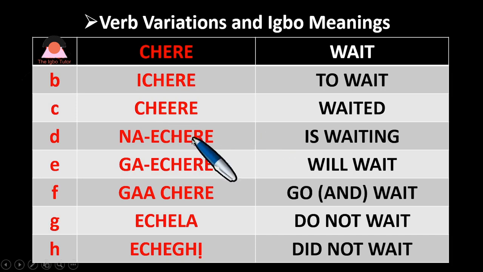Now is waiting is na echere. Will wait is ga echere. Go wait or go and wait is ga chere. While do not wait is echela, an instruction. But a report that someone did not wait is called a chee. Look at the differences here. Echela, instruction. A chee, a report.